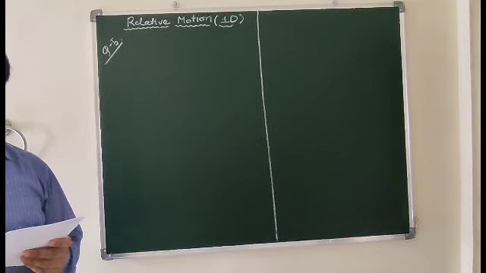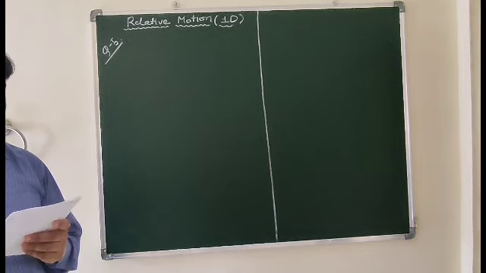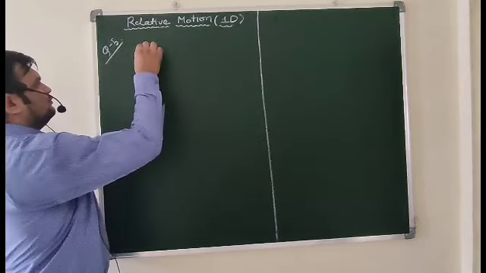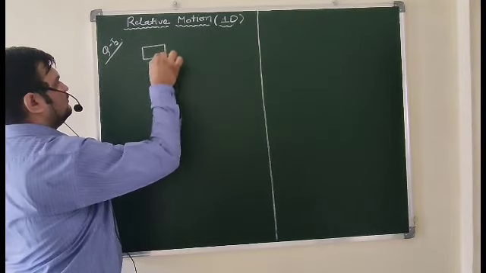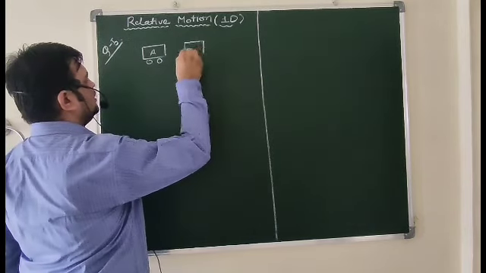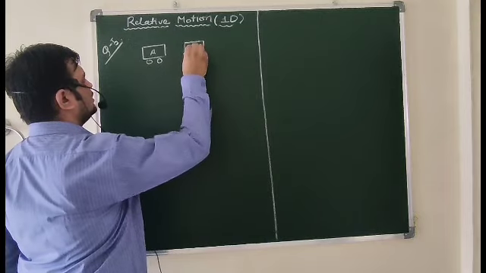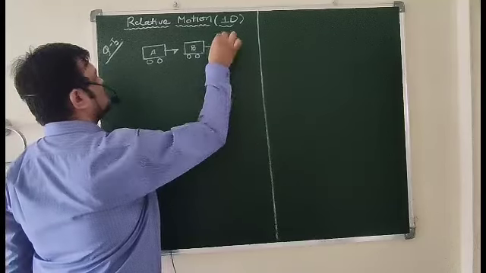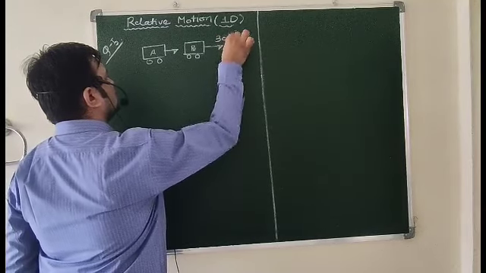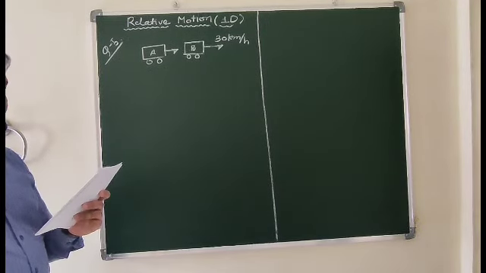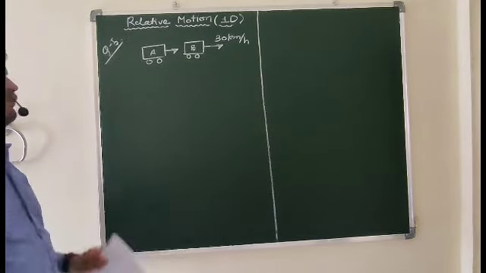So here from the first sentence, two cars are moving in the same direction with a speed of 30 km per hour. So this is car A and car B. Both are moving in the same direction with 30 km per hour. They are separated from each other by 5 km.